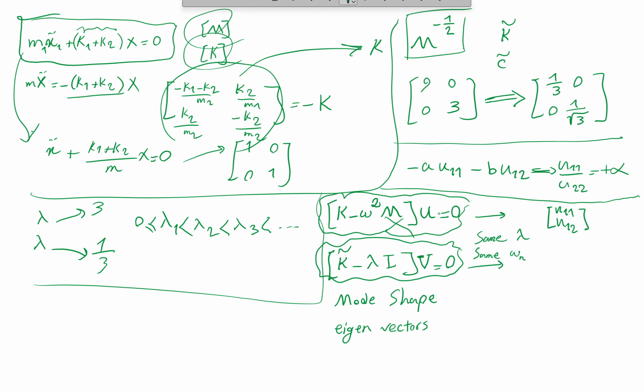Then you do the same thing that you did for the mode shapes, and you calculate the eigenvectors. It's the same, it's just that here you need to do the mass normalized matrix, and then use this form, and then you get the eigenvectors.